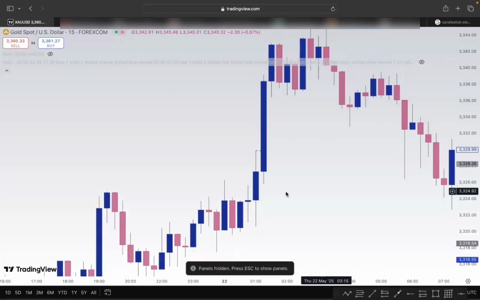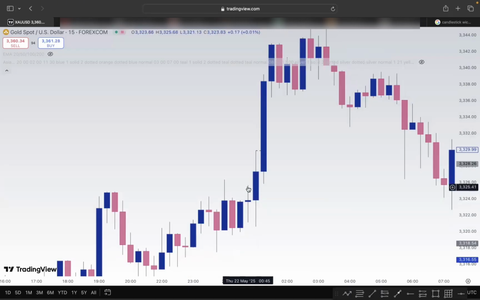It didn't break this candle's low, but this candle here broke this candle's low. So it broke the low and then broke the high as well. Let me say it swept the low, because it didn't close below it. So it swept the low and then broke the high.